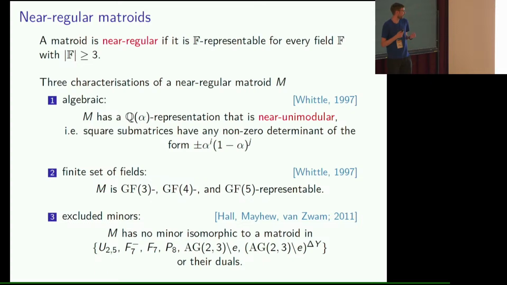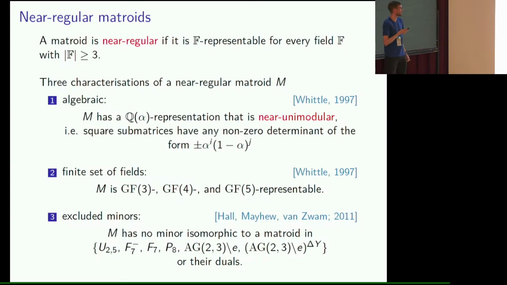And for our finite set of fields characterization, we know that we're representable over all fields of size at least 3 if and only if we're GF3, GF4, and GF5 representable. And thanks to Rhiannon, Dylan, and Stefan, there's also an excluded minor characterization written up as well.